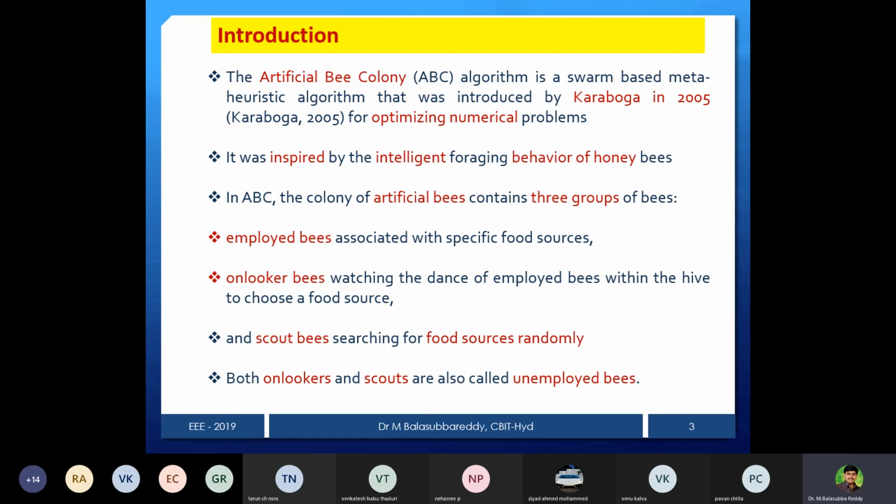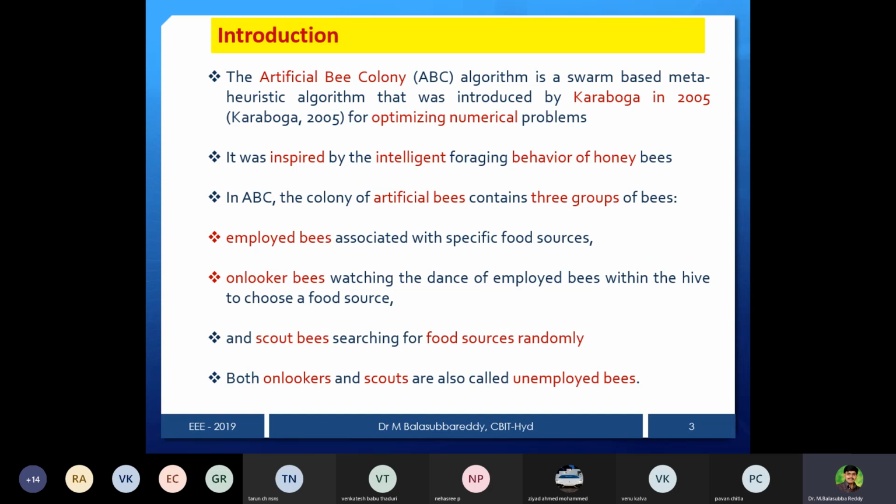Like I told you about the cuckoo search algorithm, how cuckoos lay eggs in a host nest. It is similar to a crow's nest. The cuckoos won't have their own nest, so they lay eggs in the crow's nest. How to identify the best and most suitable place, all these things were developed in the cuckoo search algorithm.